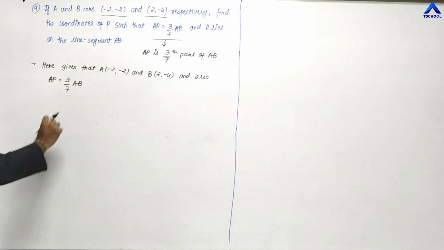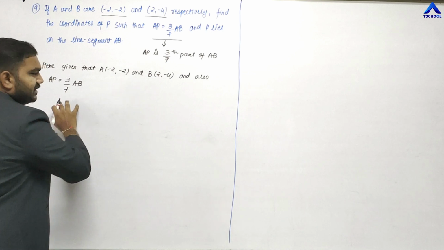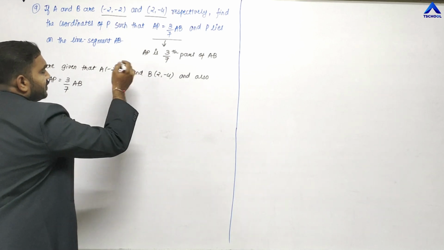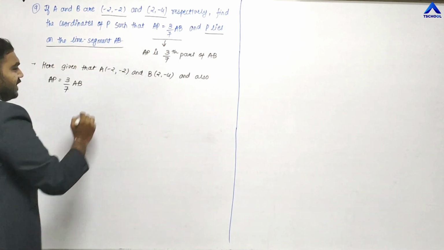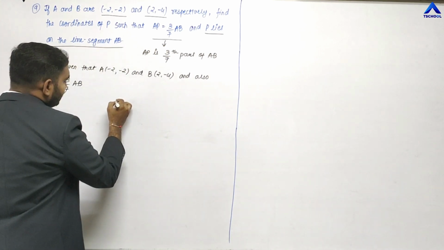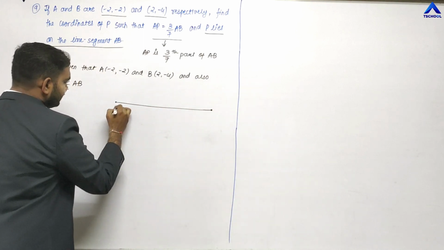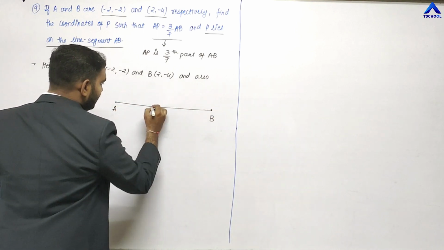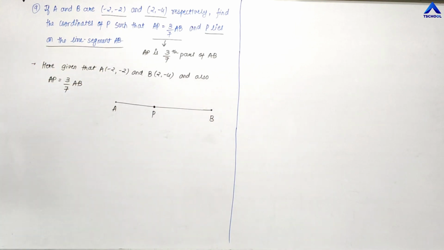Yes or no? This is given, right? 3 upon 7 AB. So from this, if I draw a figure that P lies on the line segment AB, that means it will be somewhat like this. This is my A, this is my B, and this is somewhere P here, right?